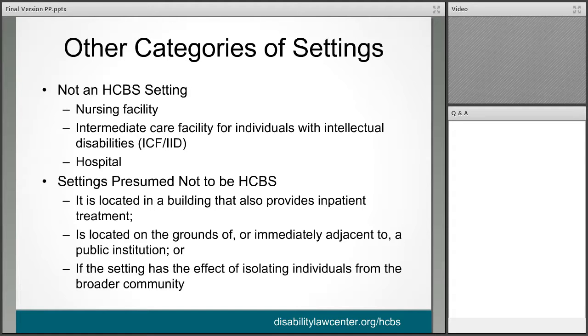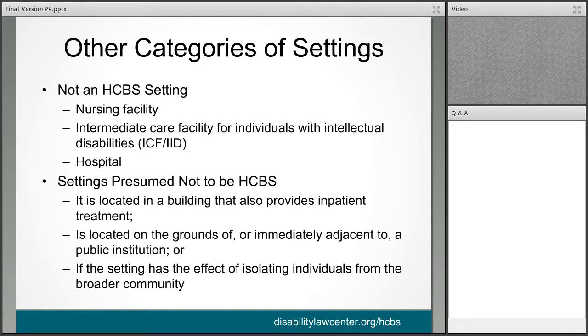So first of all, if a setting is located in a building that also provides inpatient treatment, or if a setting is located on the grounds of or immediately adjacent to a public institution. And so here we're talking about settings that are either located in an institution or next to an institution.